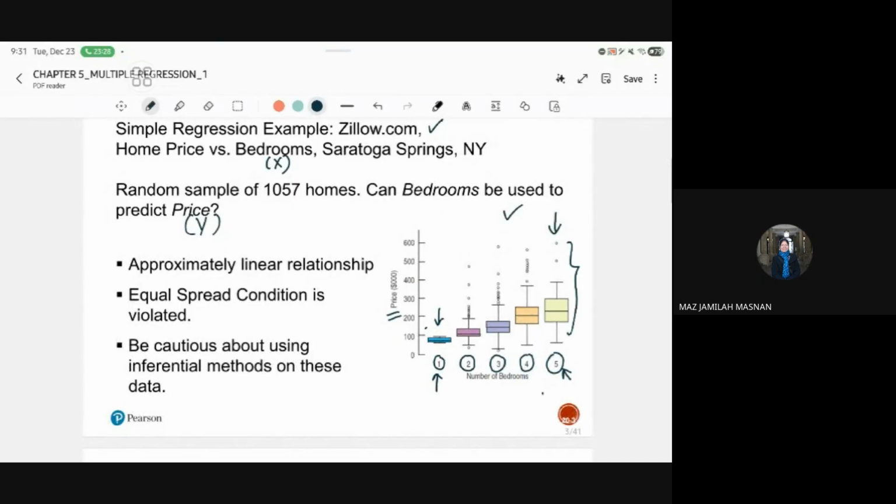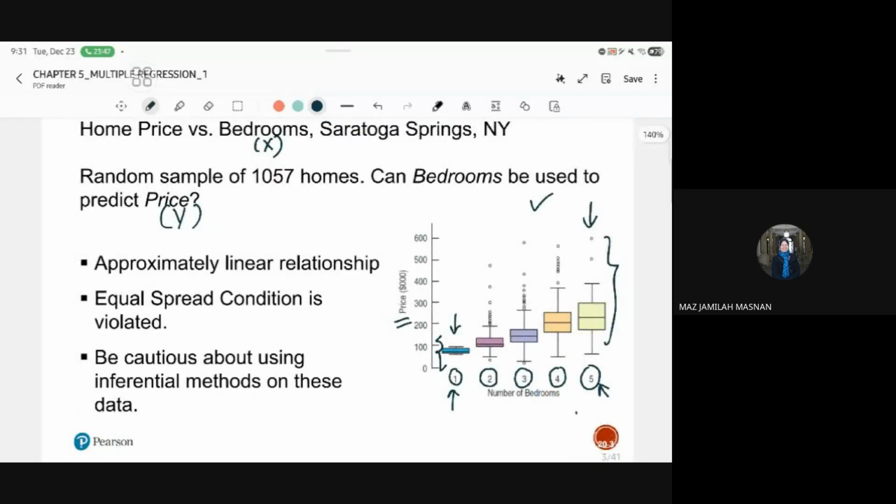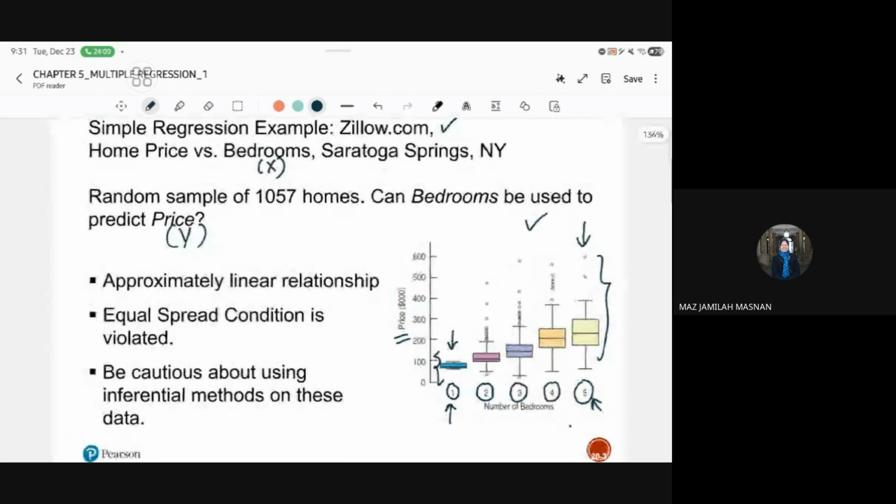As compared to one bedroom, where the demand will be much smaller and fewer people buy homes with one bedroom compared to more than one bedroom. So that is one way you can interpret this scenario. But when you go back to the relationship between home price and number of bedrooms, you can see that approximately there is a linear relationship.